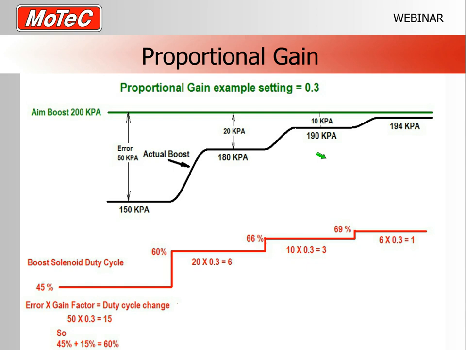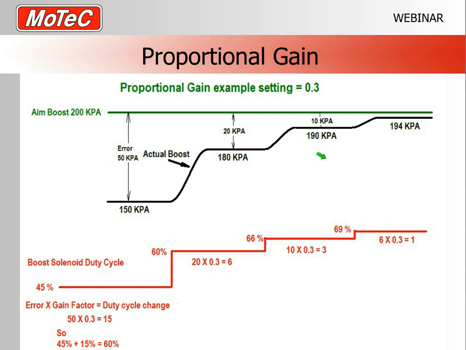So the calculation is the error, 50, times the gain factor. Our gain factor in this example is 0.3. So error times the gain factor equals the amount of duty cycle to change. That's 50 times 0.3, which equals 15. So we start with 45, and we add 15% because we want the boost to go up, which means 60.